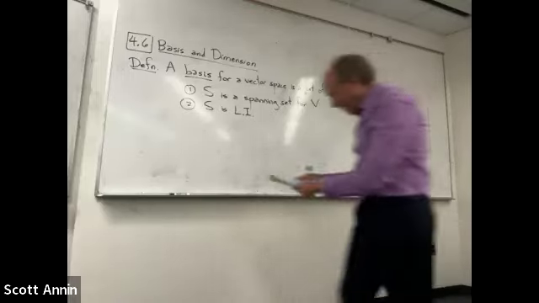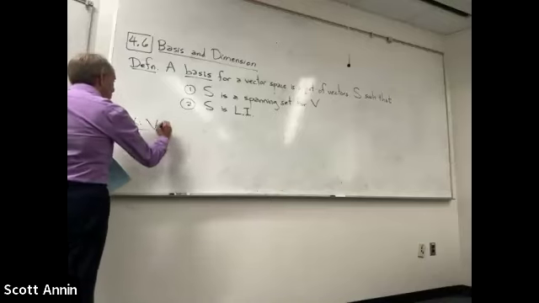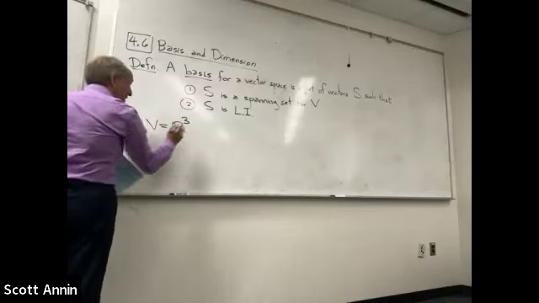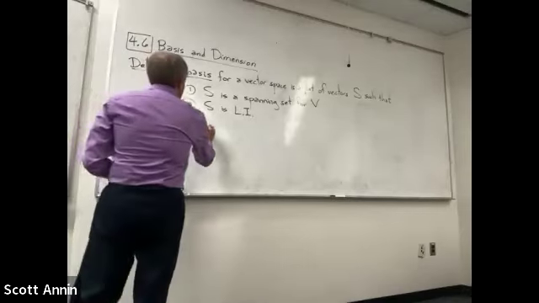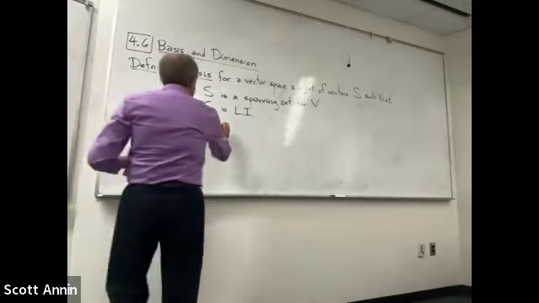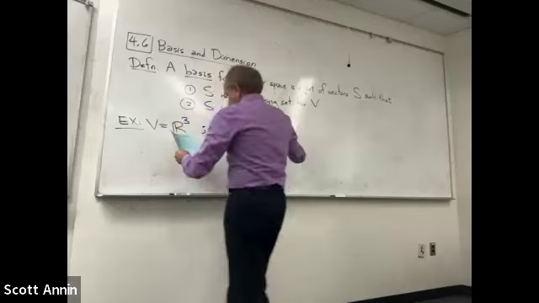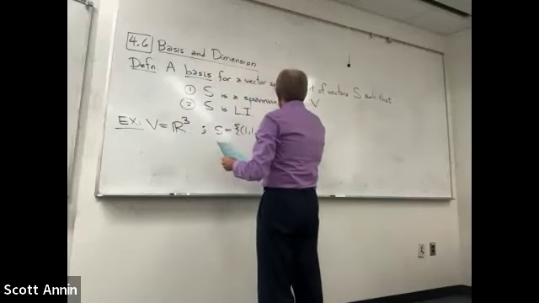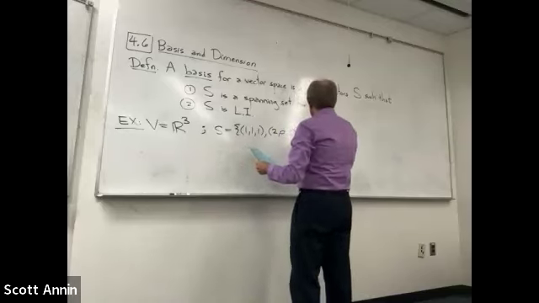Let's write down an example. Suppose that V is R3. So start with one that's kind of easy to think about. R3 is a nice vector space. And let's take S to be the set of (1, 1, 1), and then (2, 0, 6), and then (4, 2, 2).